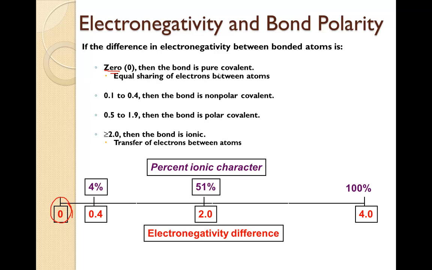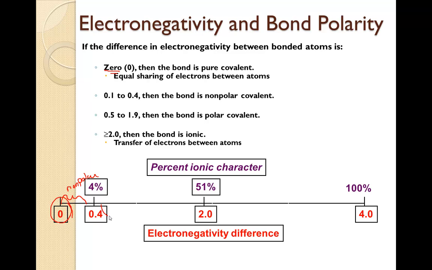There's equal sharing of the electrons between atoms. There's a small range here where it's considered nonpolar. That means that the electronegativity is close enough that there isn't a real huge difference to warrant it being polar.